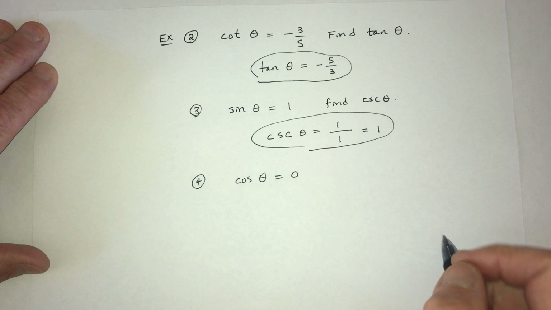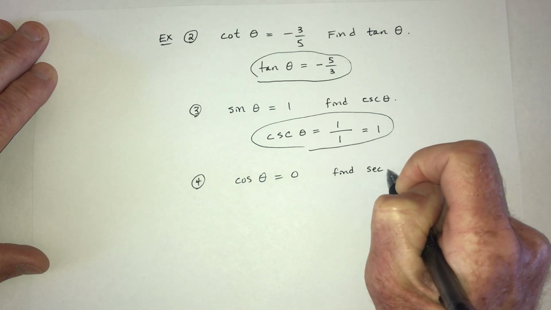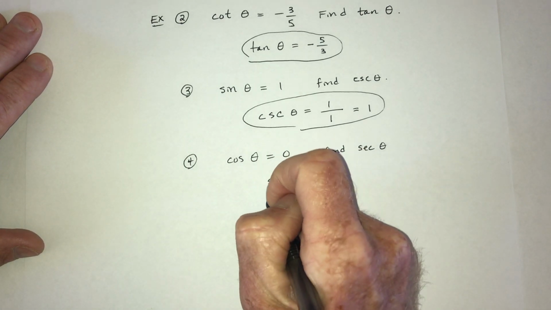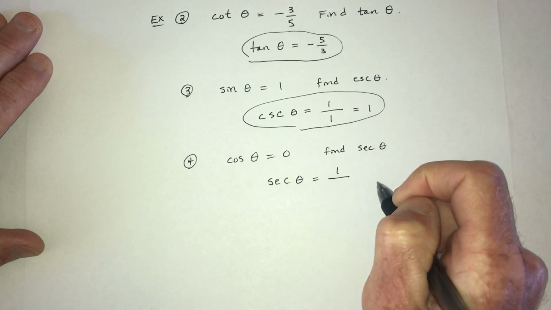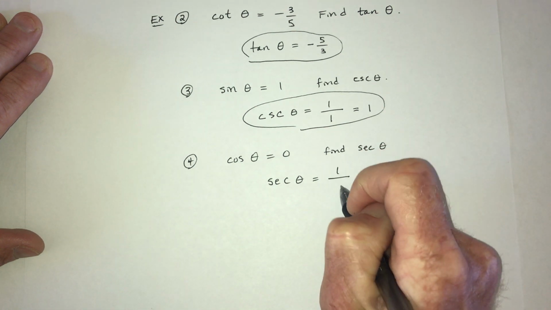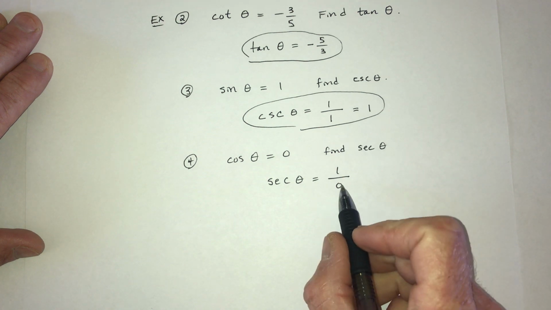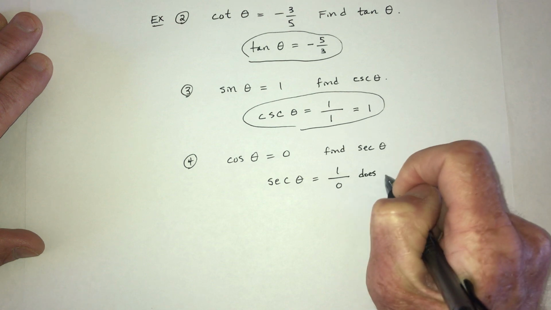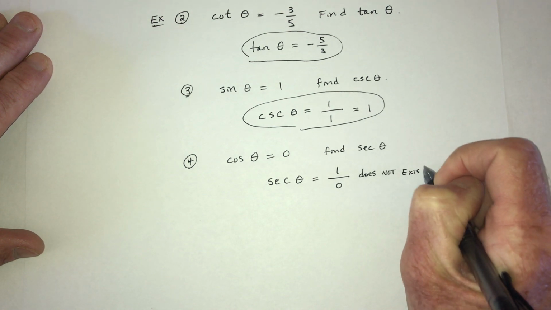What about if cosine equals 0? Then find secant of theta. So secant of theta is the reciprocal of cosine, so it's 1 divided by whatever cosine equals. In this case, it would be 1 divided by 0. And 1 divided by 0 is undefined, or in other words, this does not exist.